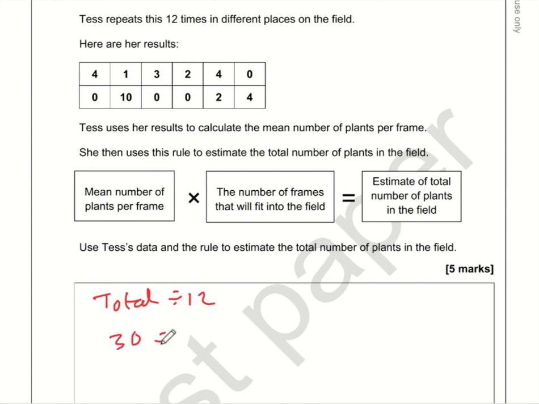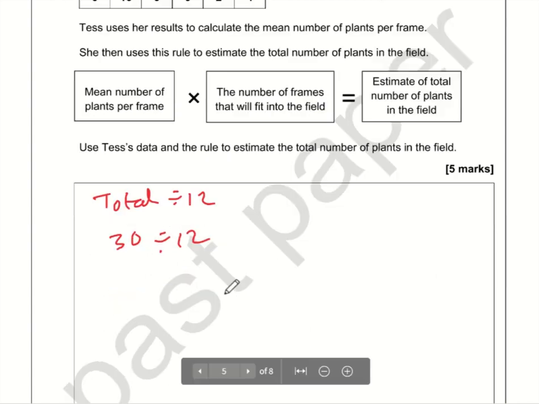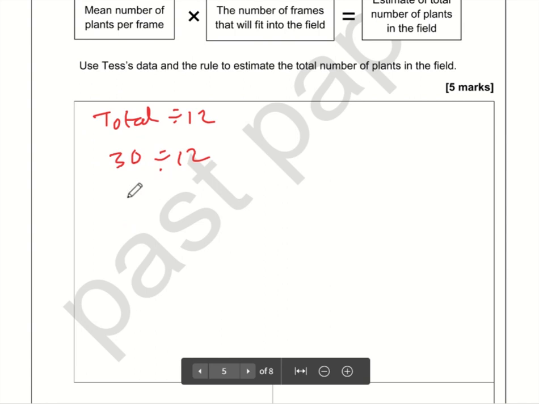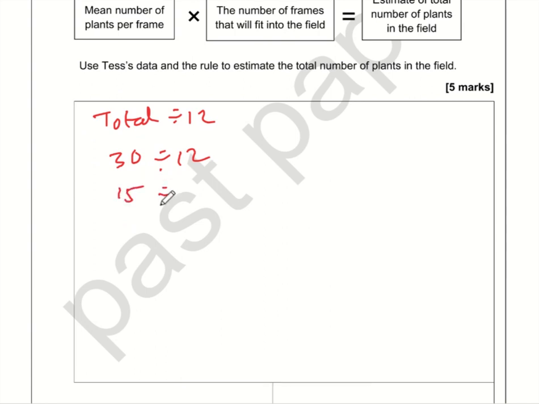So 30 divided by 12, and I'm just going to simplify the division. That is the same as 15 divided by 6, just halving the numbers, and dividing through by 3. That is the same as 5 divided by 2, which is 2.5. So that is our mean.